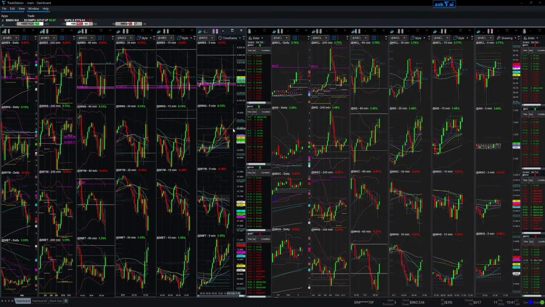You've got higher time frame consolidation, very choppy, not easy to trade. So what do you do on choppy days? This is a very good example of what to do on a choppy day. Well, relying on the 60-minute Bollinger would be a good thing to do.